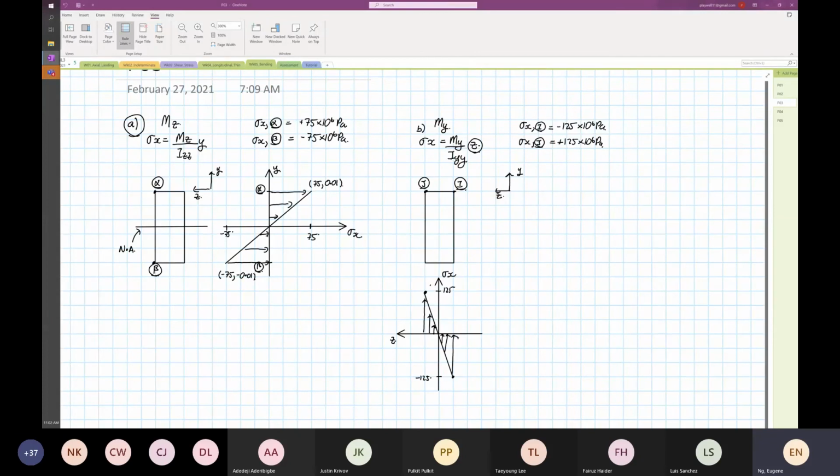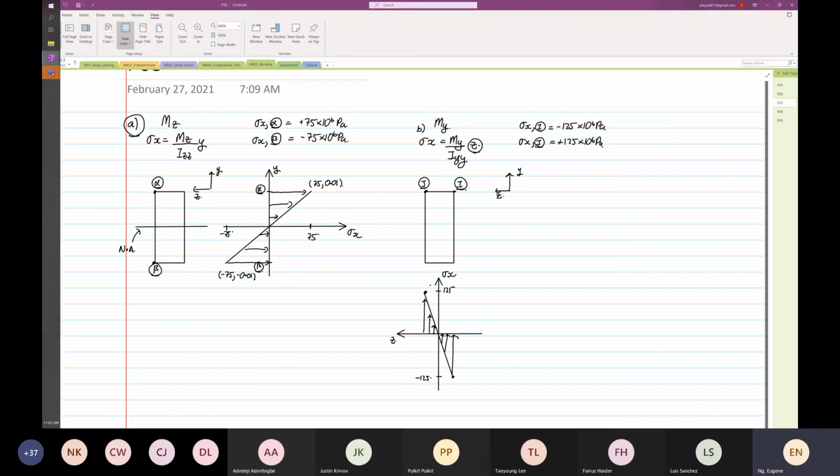At B, I and J are the same. So we call it symmetry. But what do we actually mean by symmetrical bending? Initially, I thought symmetrical bending is based on geometry and loading, which is wrong. So now I'm going to highlight what we mean.